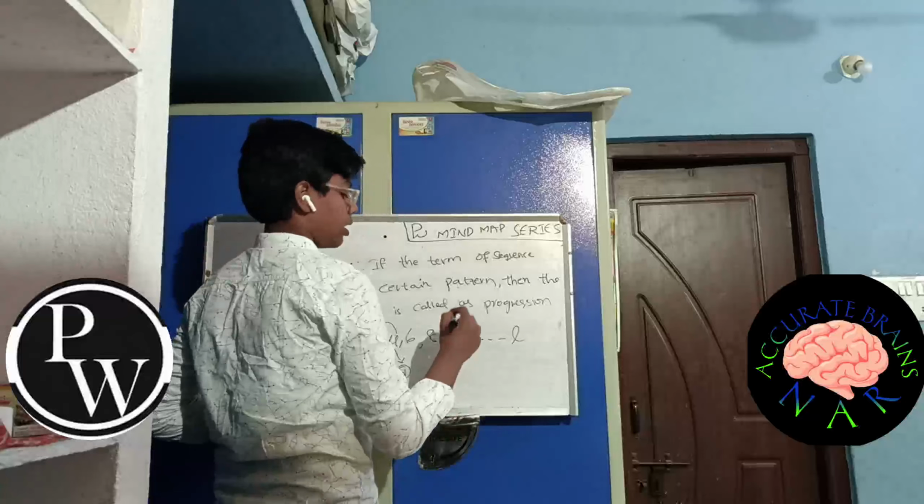So we can see 2 is A, 4 minus 2 is D, and the last term is infinite, we don't know that. If the sequence is infinite, then the series will be infinite.